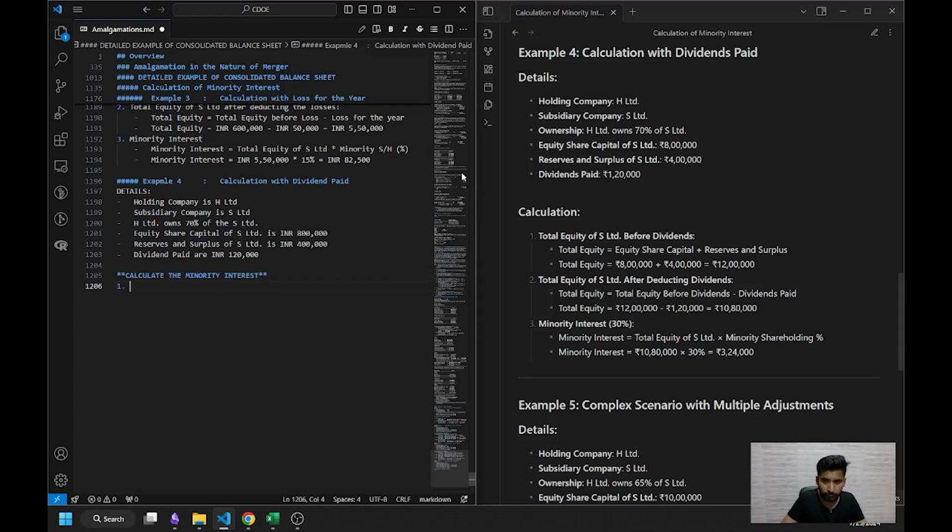So again, the first step is going to be the same. That is the total equity of S Limited before dividends. That is, the total equity equals the equity share capital plus reserves and surplus.